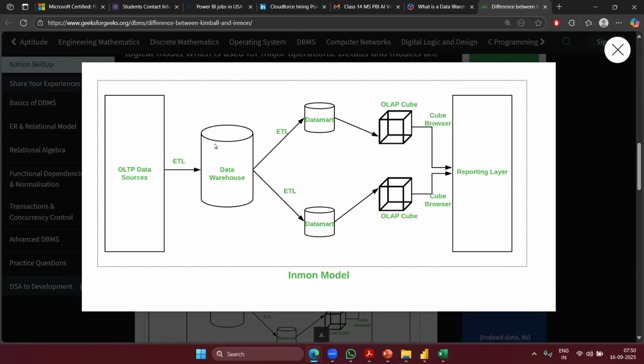Now what it says is, don't create separate tables in their own data mart. Just create a central table that will have all the supplier information. So what Inmon proposes is that at the enterprise level, the top level of the organization, let us create a data warehouse and then create a copy of data marts from it.